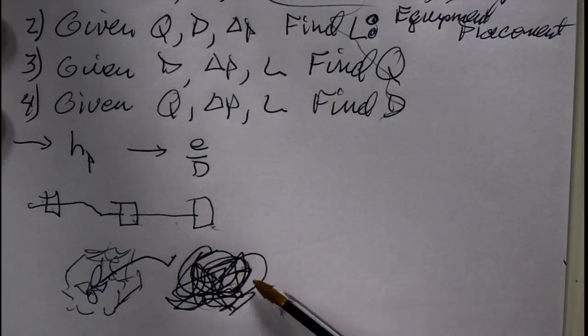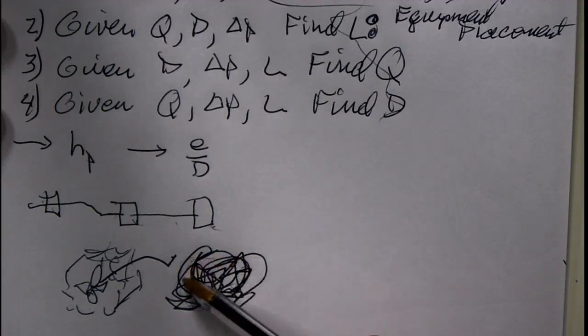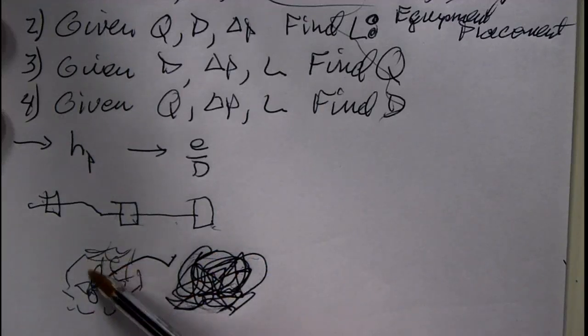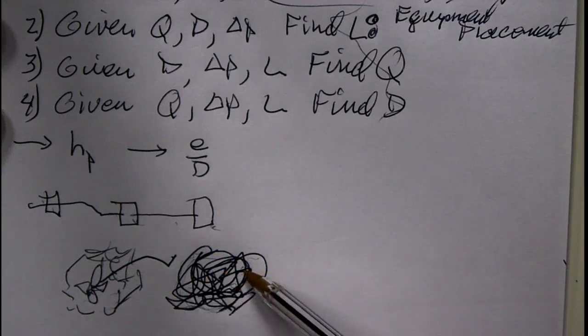So it's a very complicated flow system under the hood of your automobile. Lots of stuff going on. Back in the 70s, the automobile was fairly simple. Nowadays, it's quite complicated.